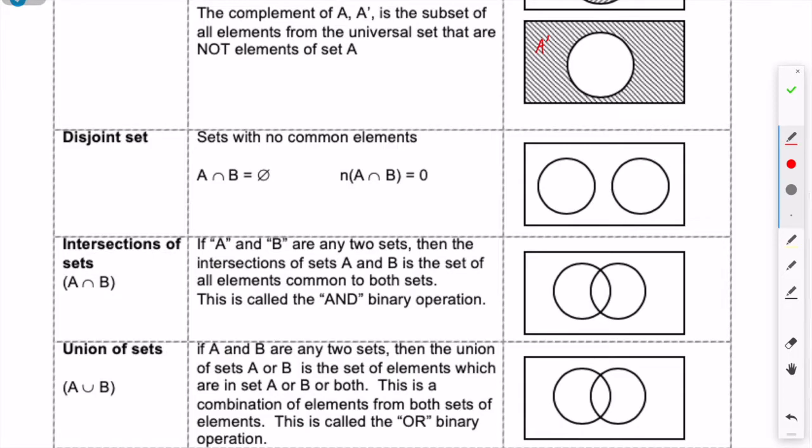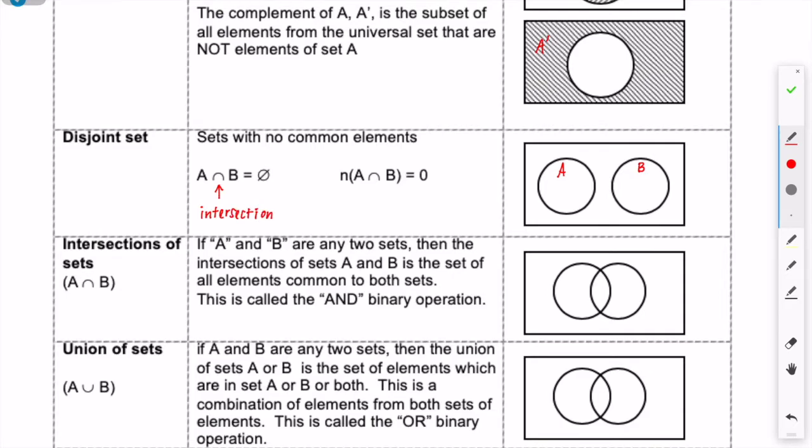Then we have disjoint sets. So let's say we have set A and set B here. As you can tell from the Venn diagram here, they do not overlap. There is nothing in common. So the intersection, which is symbolized by the upside down U, is the intersection of two sets.